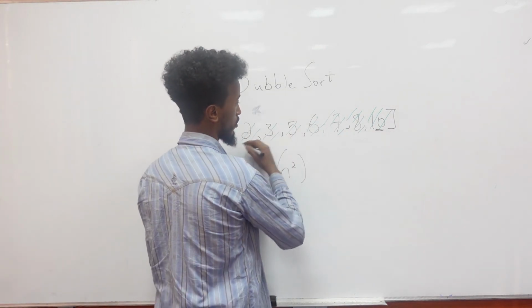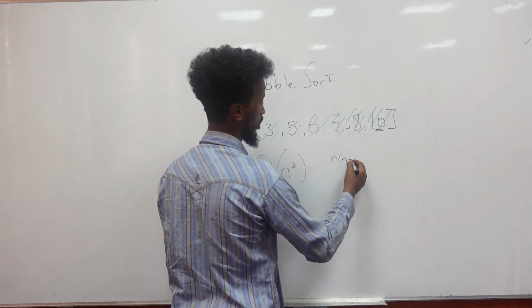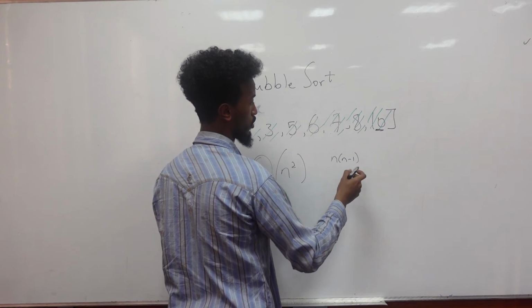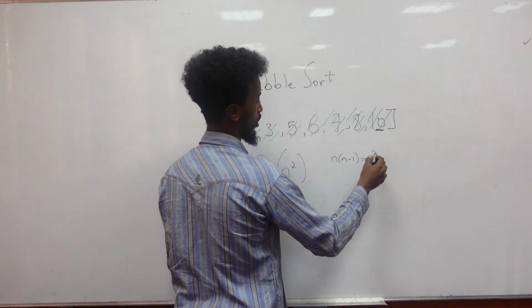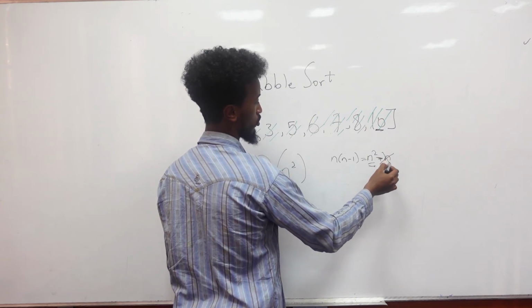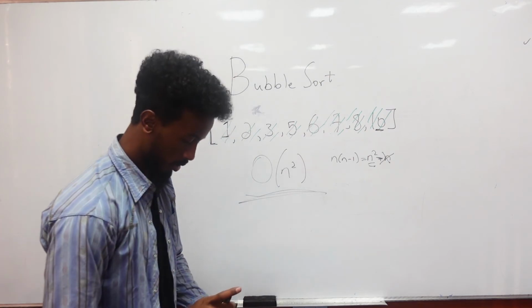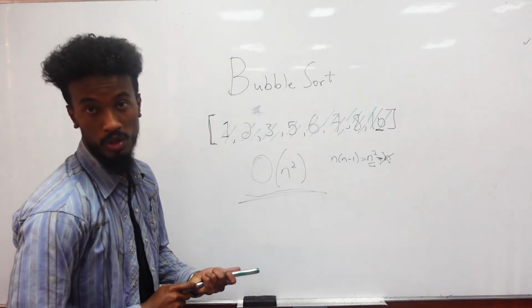So we have around n positions, and we are going to do n minus 1 iterations for each position. This will result in n square plus or minus n, and we can remove this part as we discussed, and the general time complexity will be order of n square.